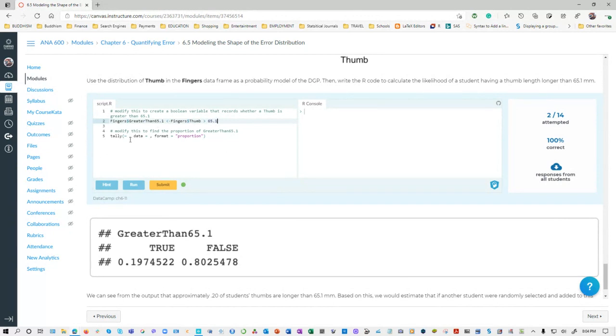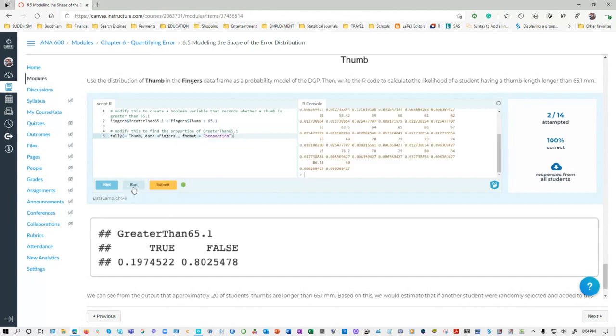Now you're going to get the tally. What would be your variable? Variable is thumb for sure. What's the data? Fingers. The format is proportion. And run.